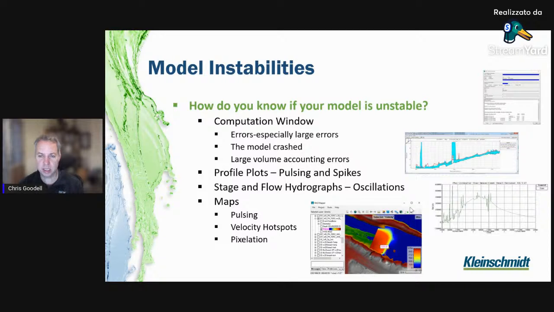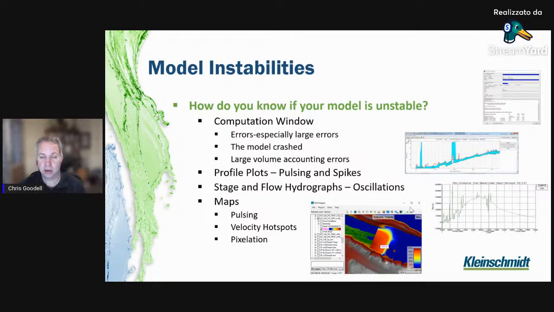But if you do see a lot of error messages scrolling through as the model's running, that's an indication at a minimum that you have some errors that you may have to work through. But if those errors are quite large, that's an indication that your model is going unstable. And then eventually, if those errors get too large, the model will crash. And that's a great indication that your model has gone unstable.